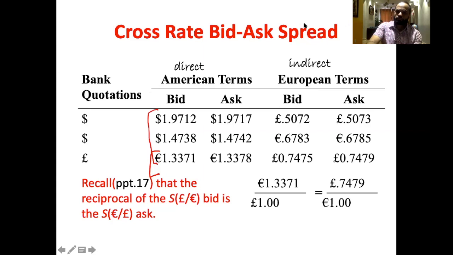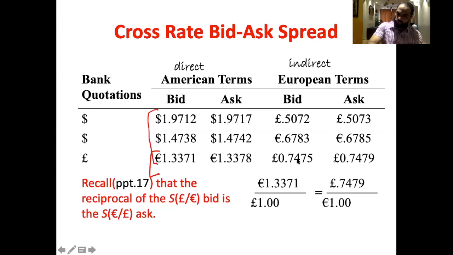How do you know that for the second case, when you convert 10,000 euro to pounds, it's the European term instead of the American term? Yes, this number.